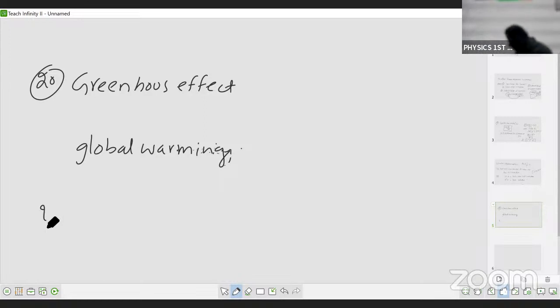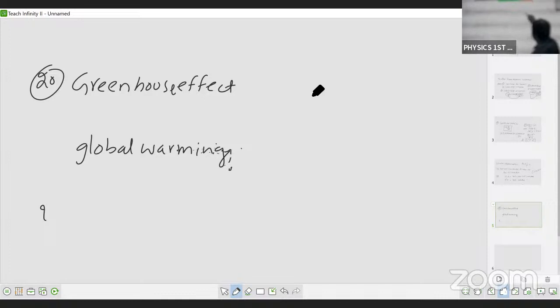The greenhouse effect is the most important concept for all science students. Greenhouse effect means greenhouse gases: carbon dioxide, methane, CFC, chlorofluorocarbon.